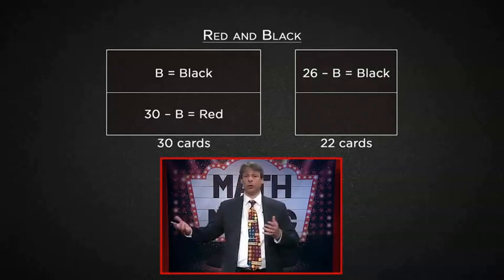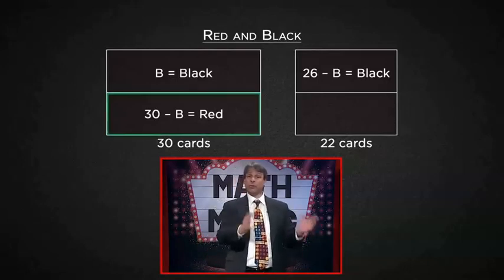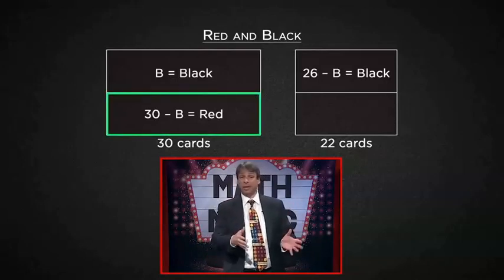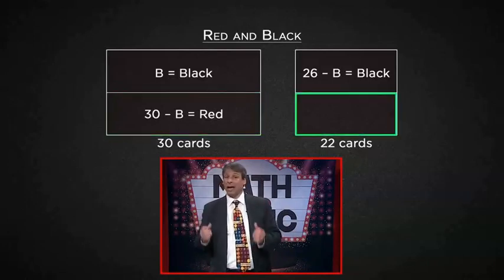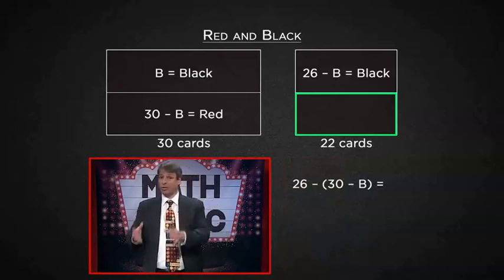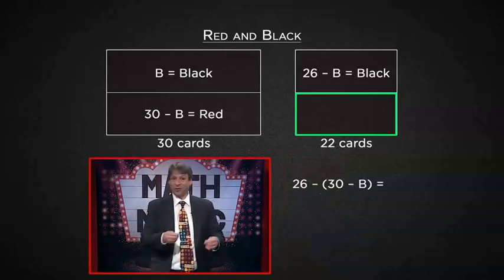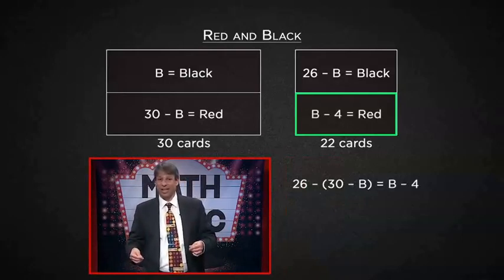Well, there are a total of 26 red cards between the two piles, and the first pile has 30 minus B of them. So the second pile must have how many? Well, 26 minus the quantity 30 minus B red cards from the first pile gives us B minus 4. Aha!